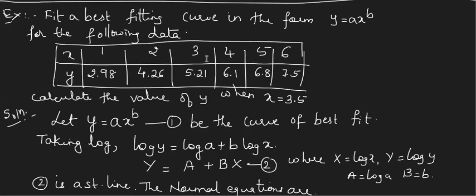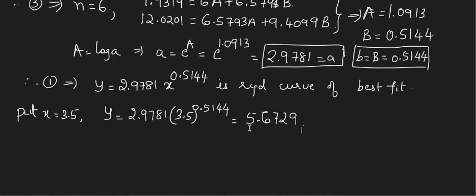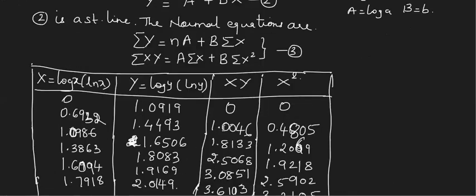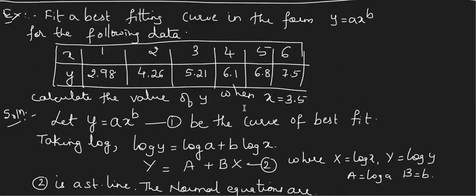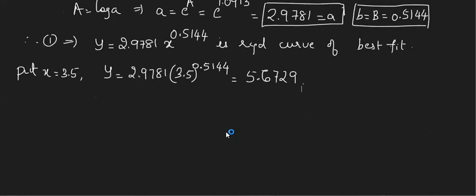So here 3.5 is between which two values of x? 3 and 4. So your value should be between 5.2 and 6.1. Isn't it? This 5.6 is between 5.2 and 6.1. So roughly you can say that the value obtained may be correct.